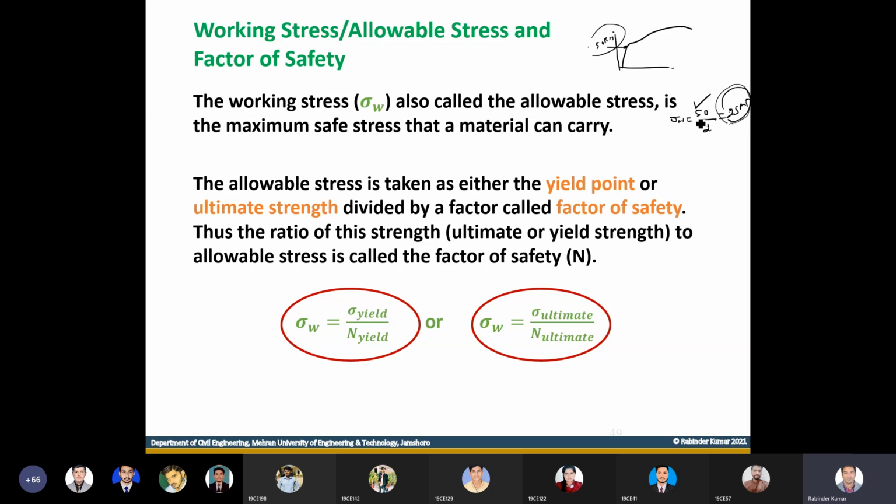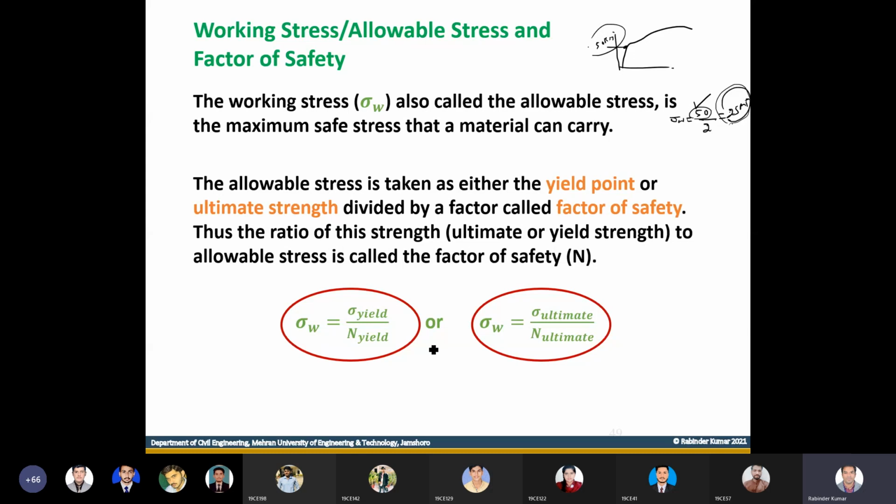The actual capacity is 50, but I design at 25 using this material, so obviously I am on the safer side, and this will save our structure. This is the working stress: when you divide the yield strength or the ultimate strength by the factor of safety, you get the working stress.